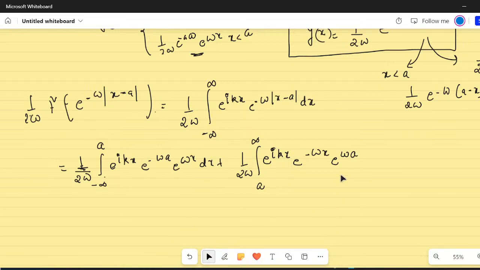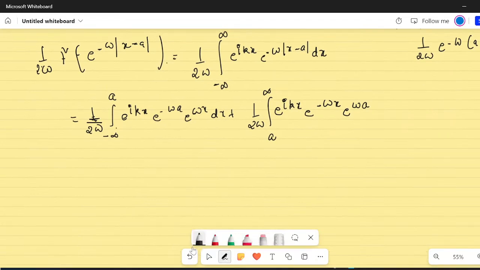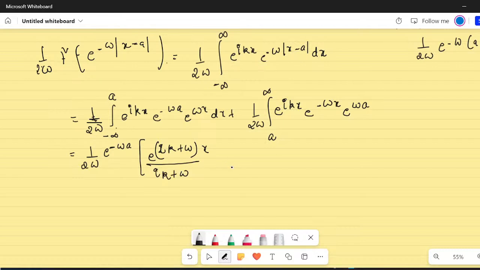So eventually this will turn out to be 1 upon 2 omega. I'll write e to the power minus omega a outside, and this will be e to the power iota k plus omega times x, divided by iota k plus omega, from minus infinity to a.